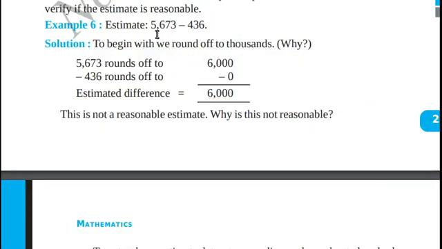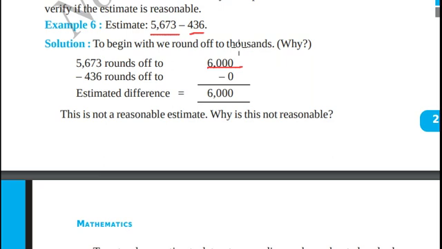Now let us estimate the difference of 5,673 and 436. We will round off the first number to the nearest thousands place, and the second number to the nearest hundreds place. But what would happen if we round off these two numbers to the nearest thousands place? 5,673 is nearer to 6,000.